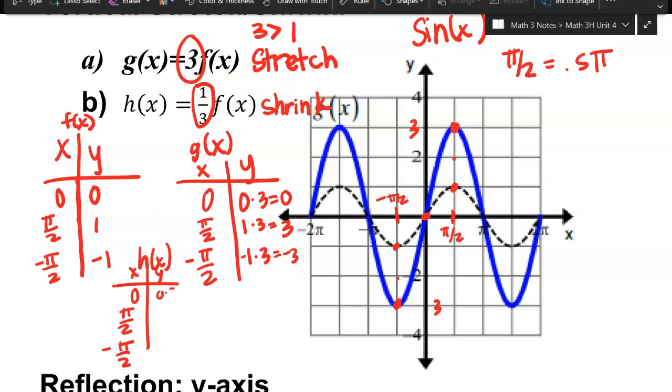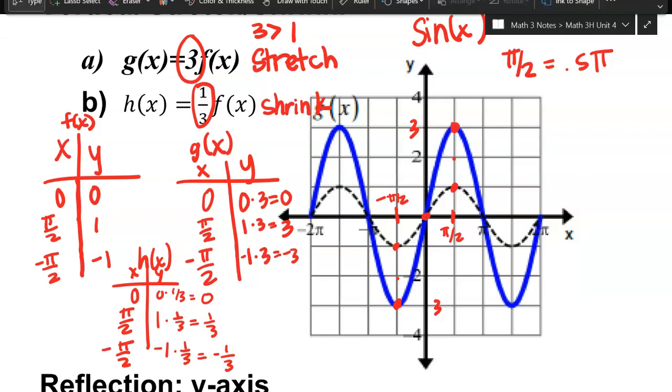All right, so 0 times 1/3 is still 0. 1 times 1/3 is going to be 1/3, and then negative 1 times 1/3 is going to be a negative 1/3.